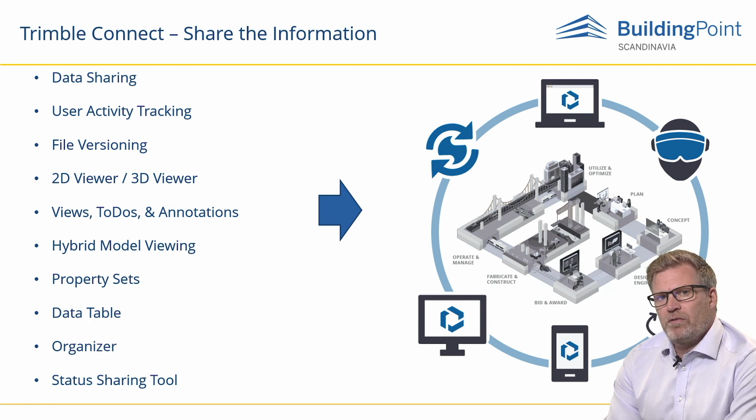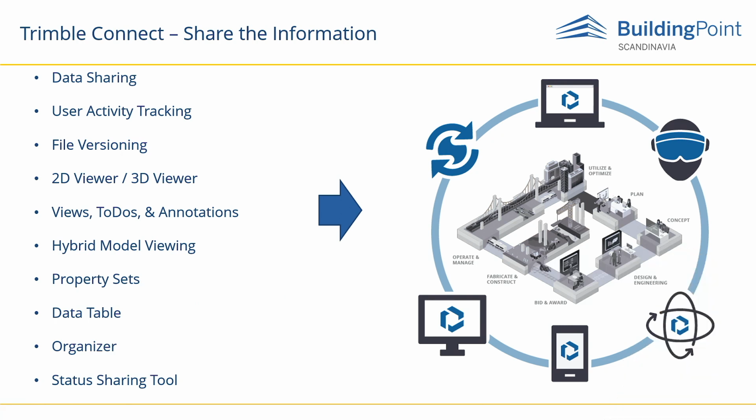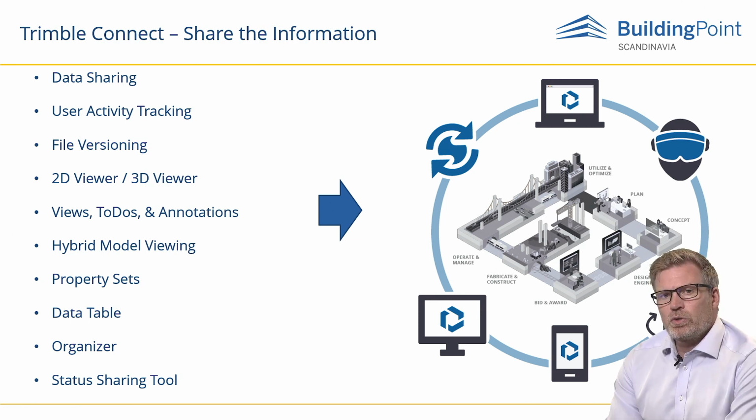But if you want to go even further, if you want to use this for augmented reality or mixed reality, like the helmet with HoloLens, or just using augmented reality on a telephone or tablet, you can use the apps from Trimble Connect. So you can visualize that in the field.